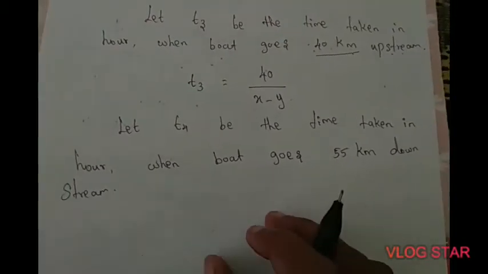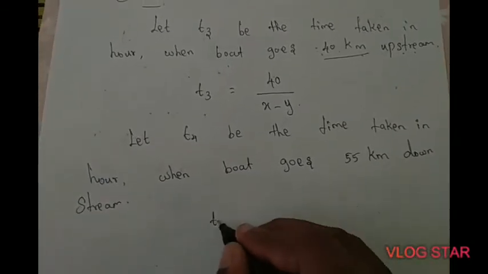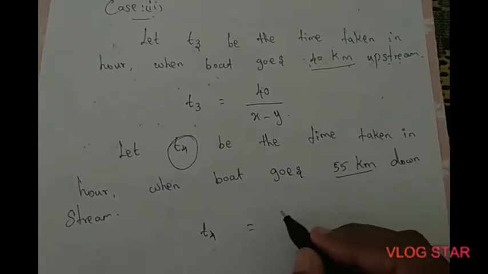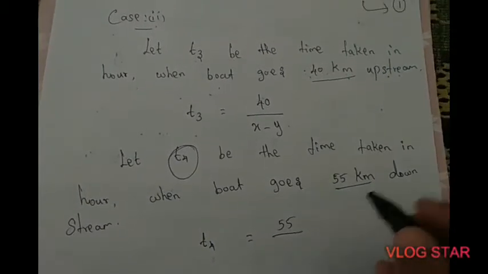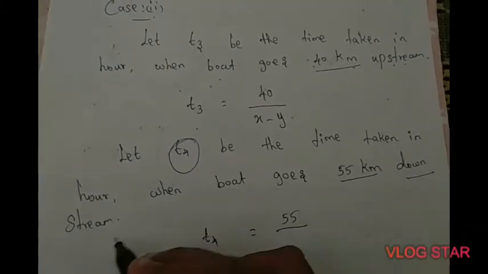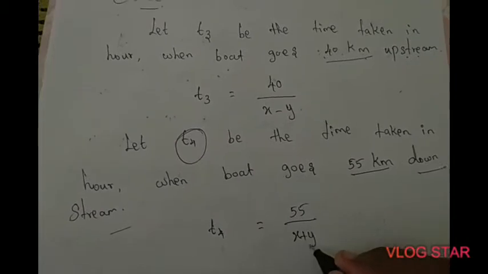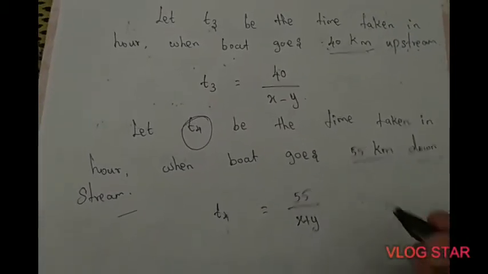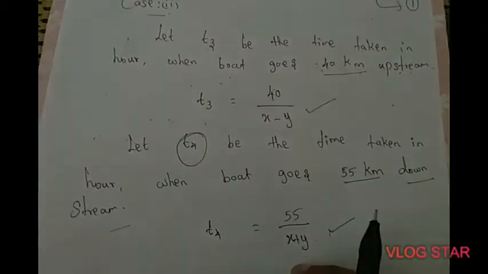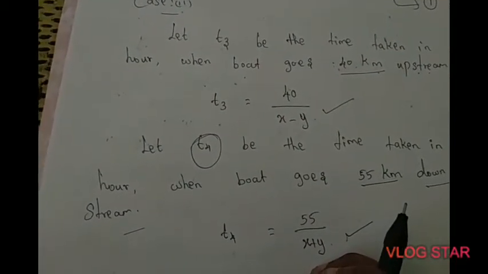Okay, then using this condition in the formula for this time, so time is T4, then equal to distance is 55 divided by the next speed. This is downstream. Speed of the downstream is increasing, x plus y. Okay. The next we have to find the total time of the two conditions. Then what is given? In 13 hours, total time is 13 hours.